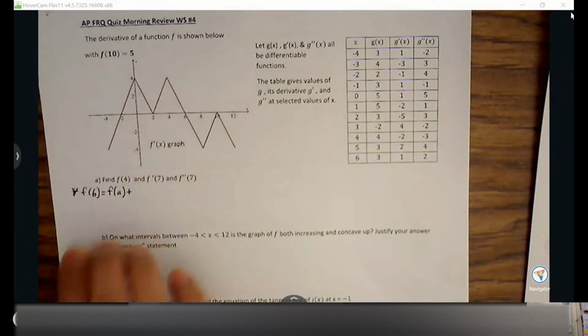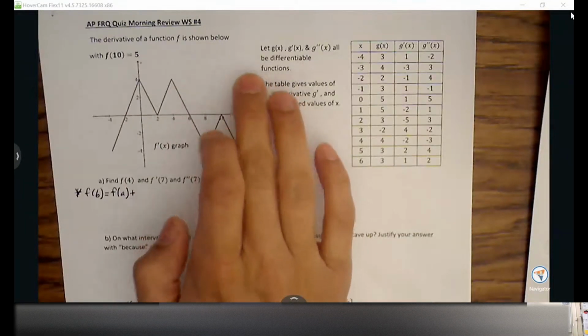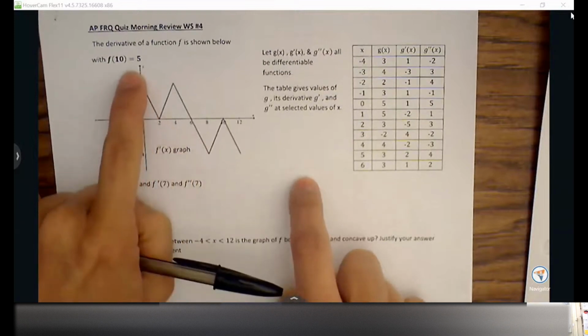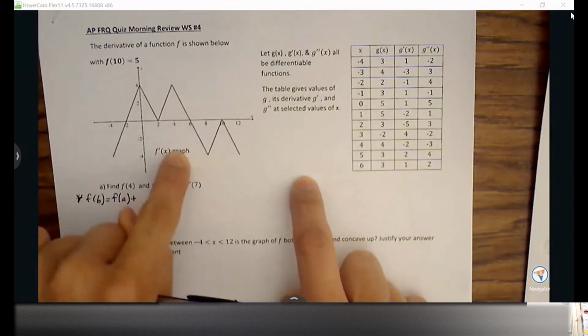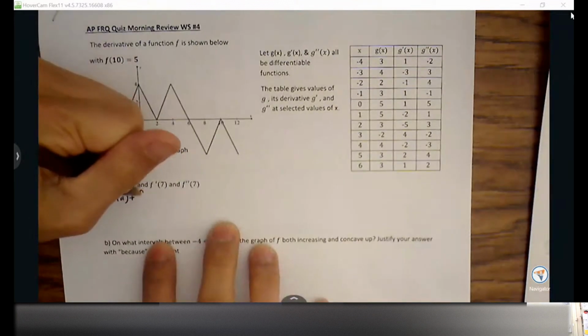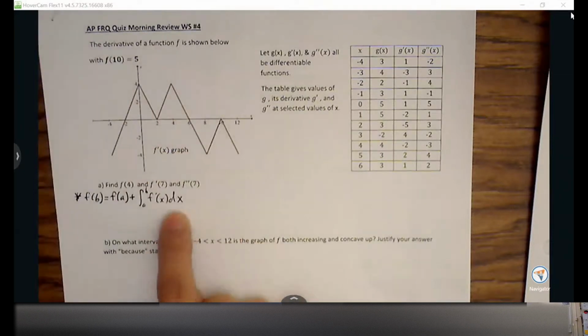And the reason why we need to do that is because we don't have a defined formula for f of x. Right? We have to kind of build it from our starting point and from our f prime graph. Okay, so we have to rely on this formula in order to find that f of 4.